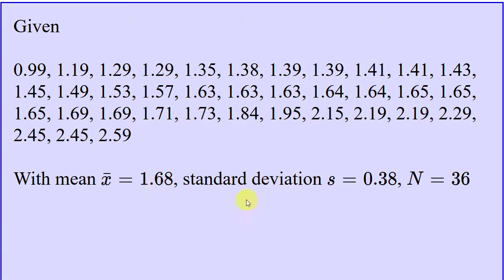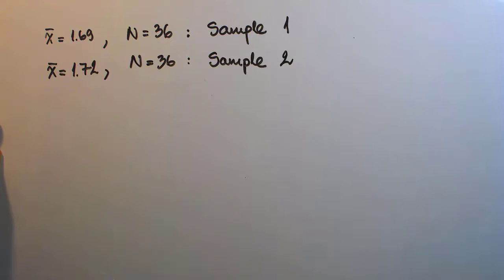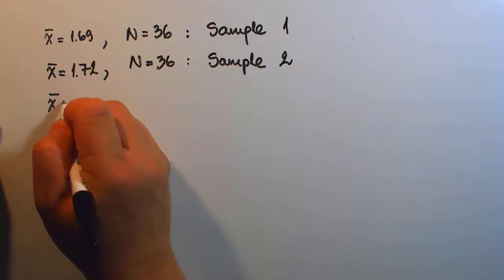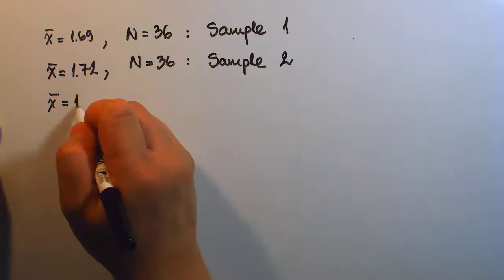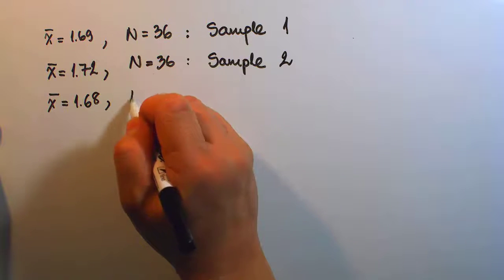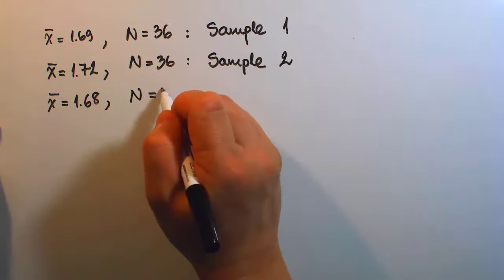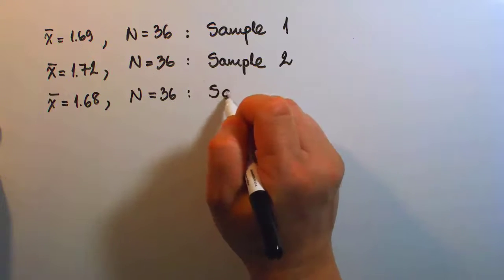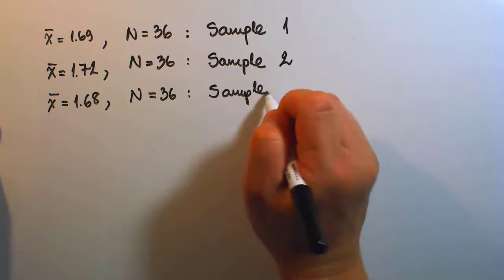But my sample mean here, once again, changed to a different value. For my sample number 3, I found the sample mean is $1.68, where again I remained at the same sample size, 36 prices, and I call this sample 3.